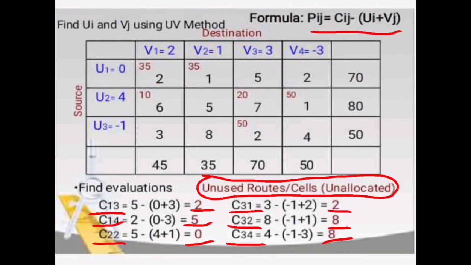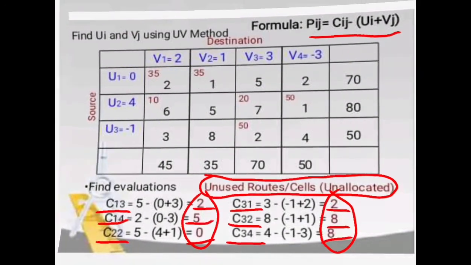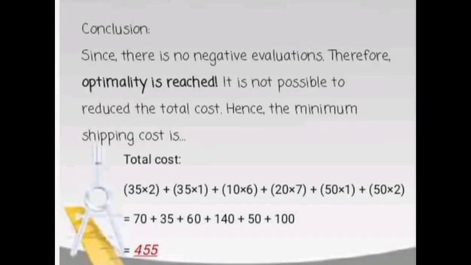If we have a negative in this part, we will use looping. But because they are all positive numbers, we can conclude that, since there are no negative evaluations, the optimality is reached. It is not possible to reduce the total cost.